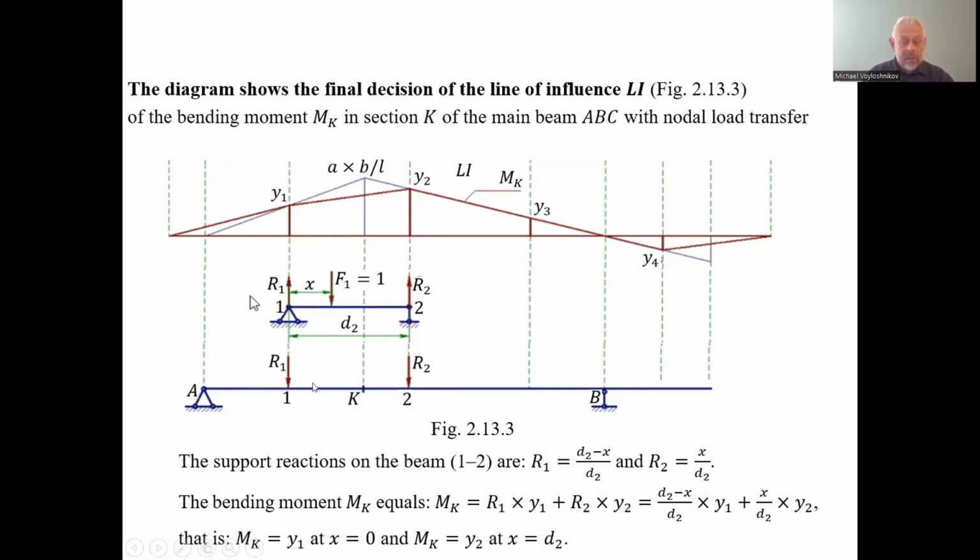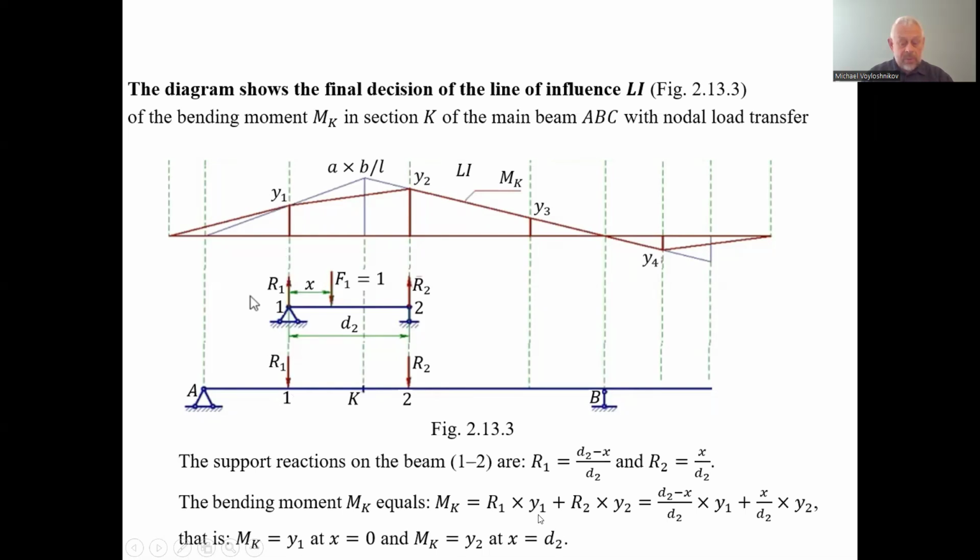is like a force, and the arm we can take from the line of influence of the bending moment from this place to K; in the point of the application of the first force it is Y1.